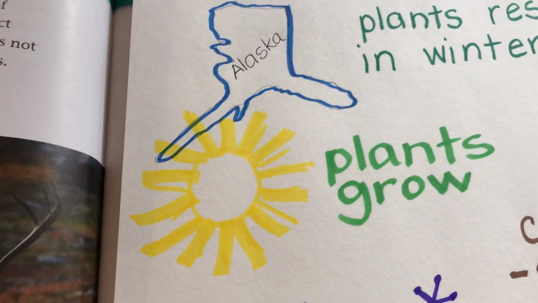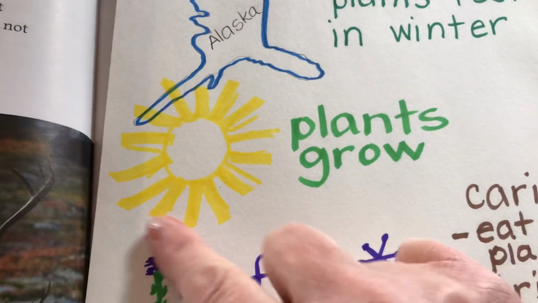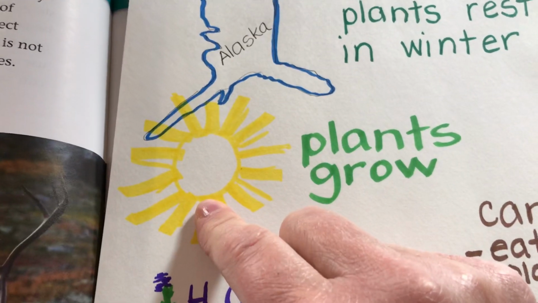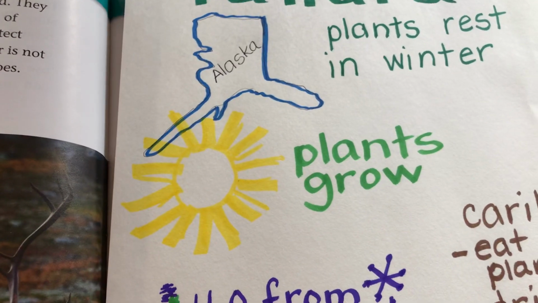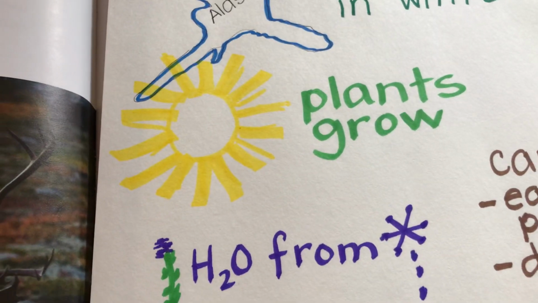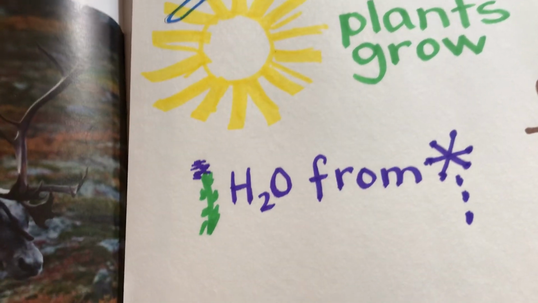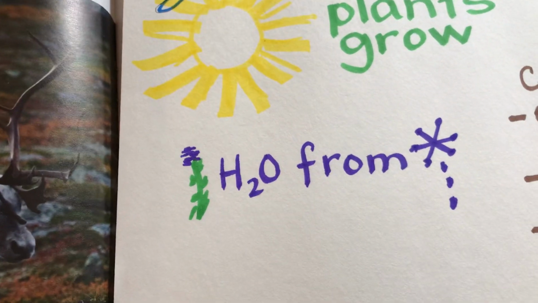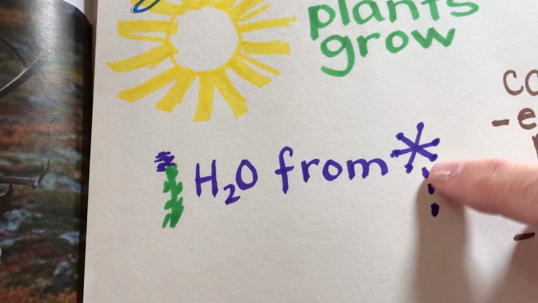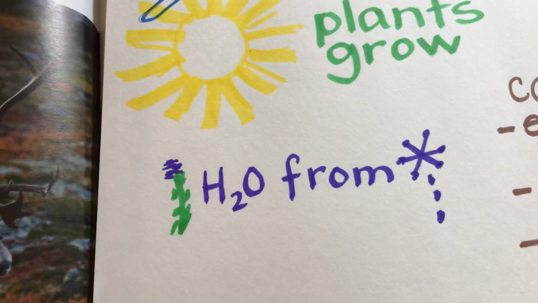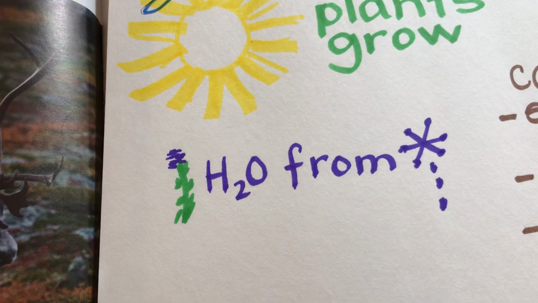And then I wrote the plants grow. I put the sun to remind myself that when the sun starts warming and the ground starts warming up, the plants begin to grow. They get water from melting snow. That's how I draw snowflakes. And that's the melting snowflake. Did you draw something about the water?